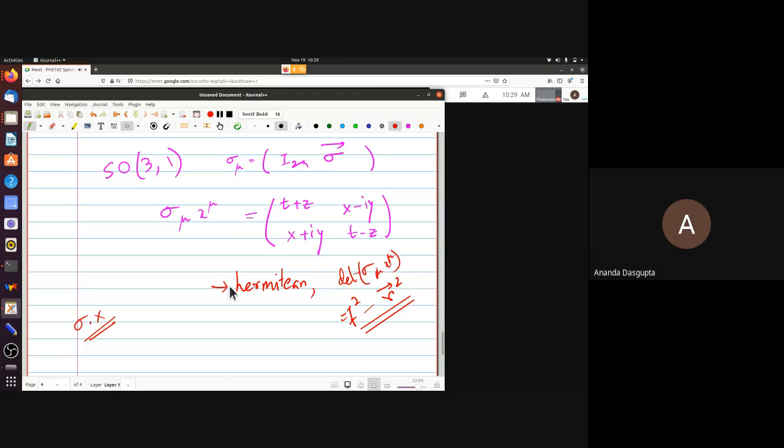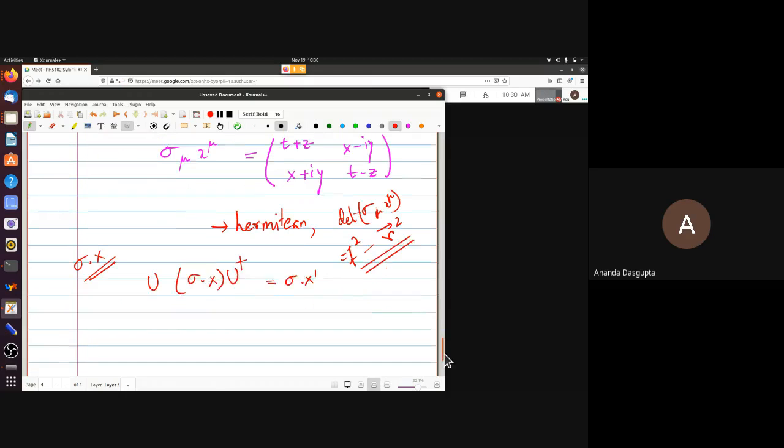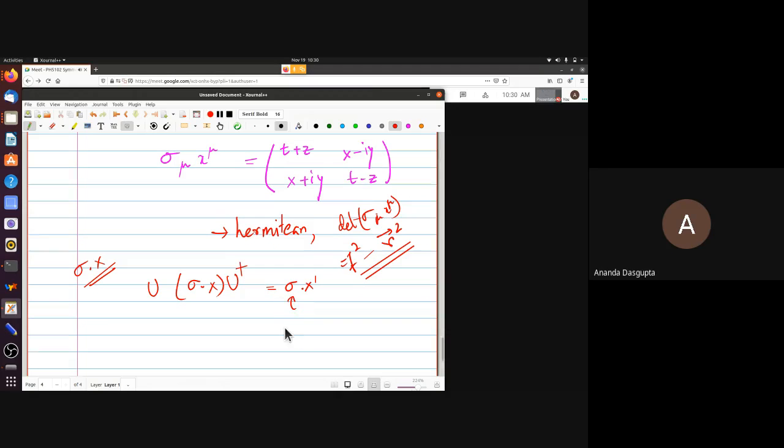So shouldn't that be a Lorentz transformation? If I started with sigma dot x and did just the same thing, with U dagger, I get sigma dot x prime. This is Hermitian. Same determinant.